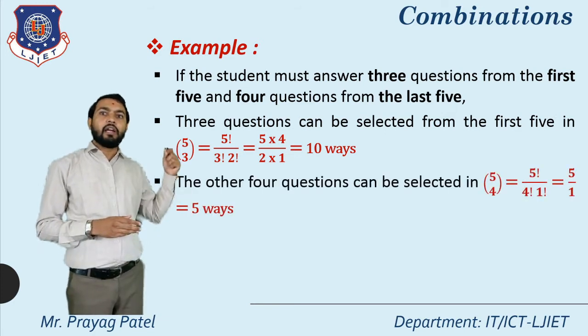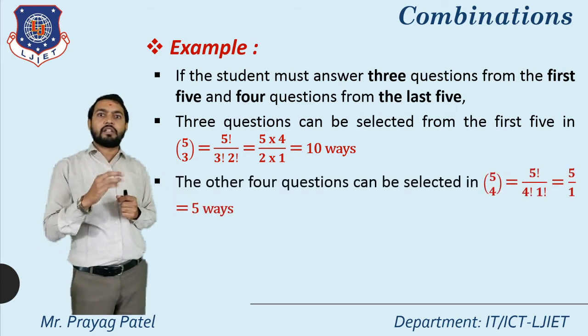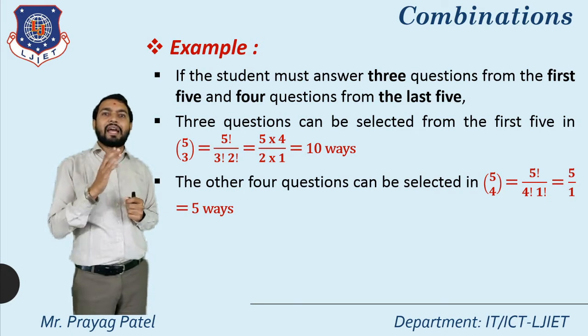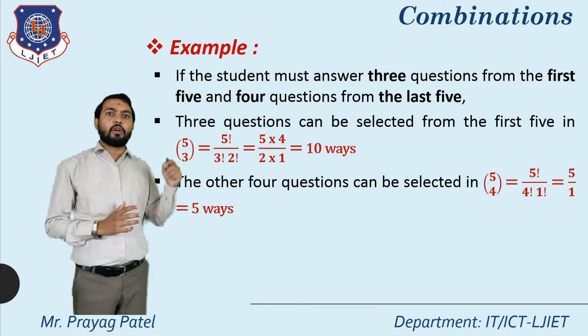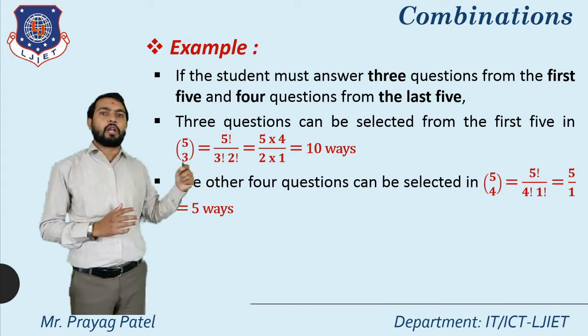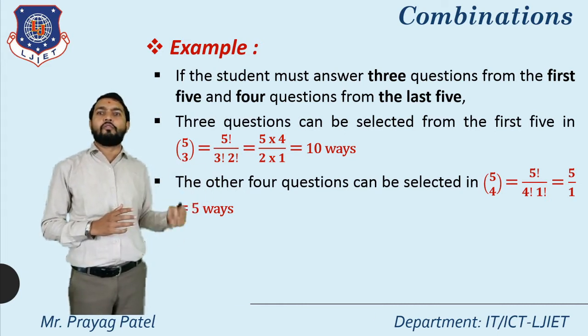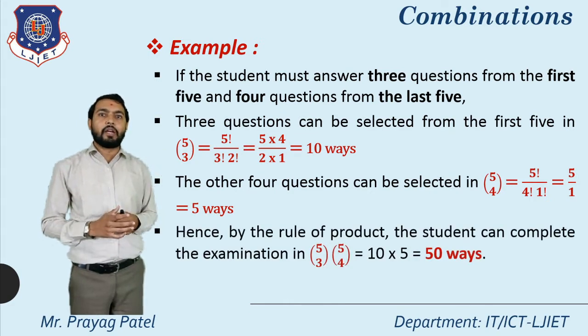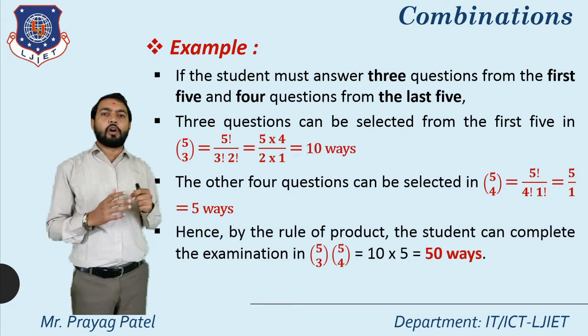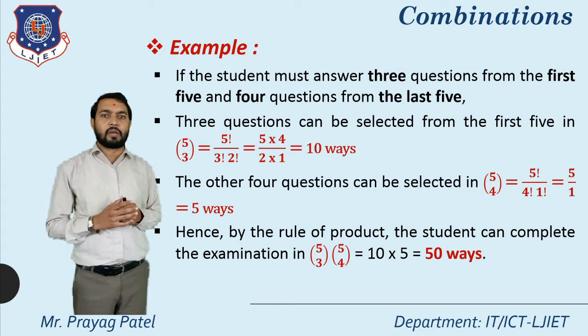Now for the other selection, 4 questions selected from the available last 5 questions. That means C(5, 4) is equal to 5 factorial divided by 4 factorial into 1 factorial, equal to 5 by 1, equal to 5 ways. Now what is the total combination possible for answering this question paper?